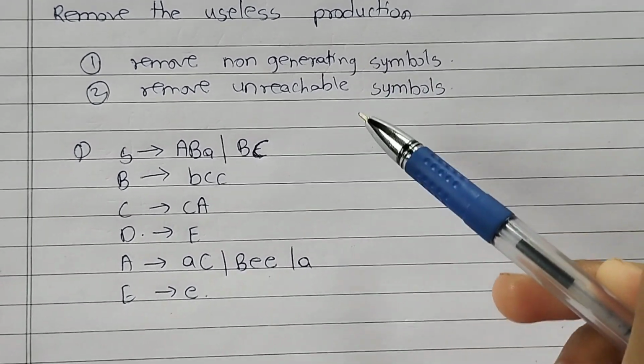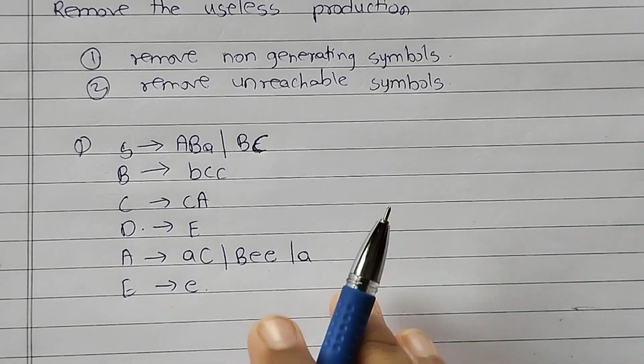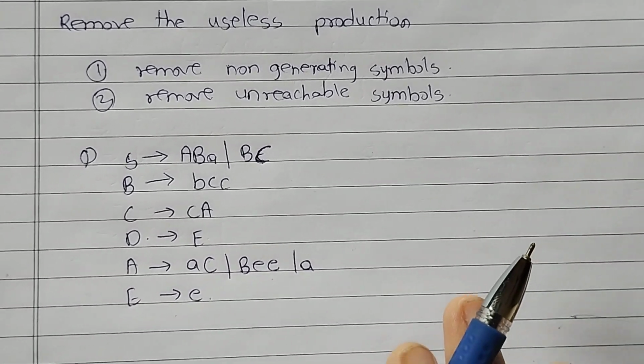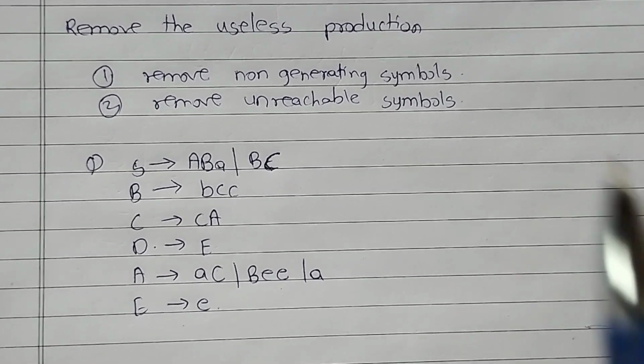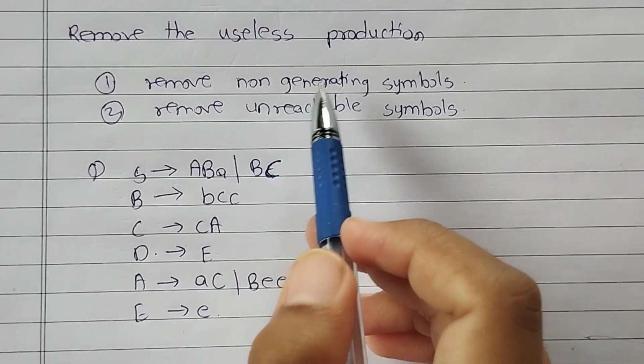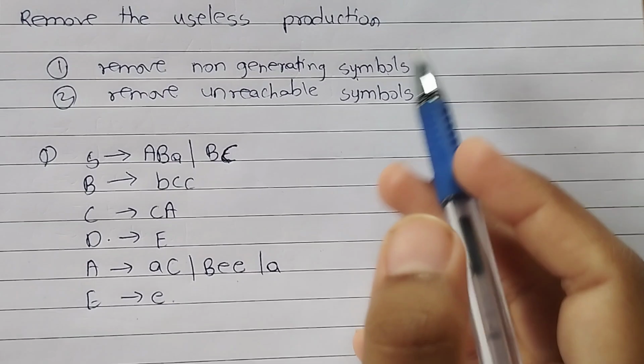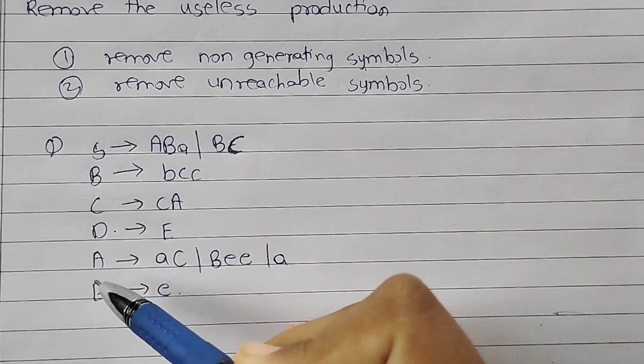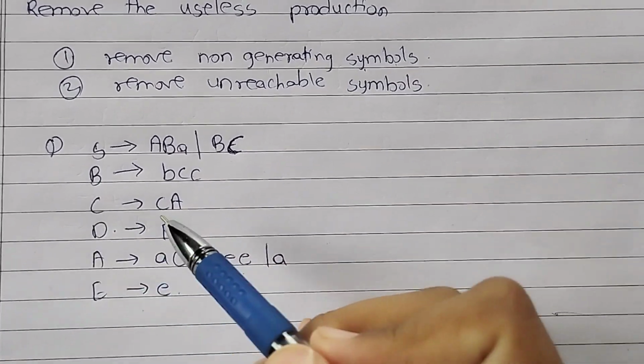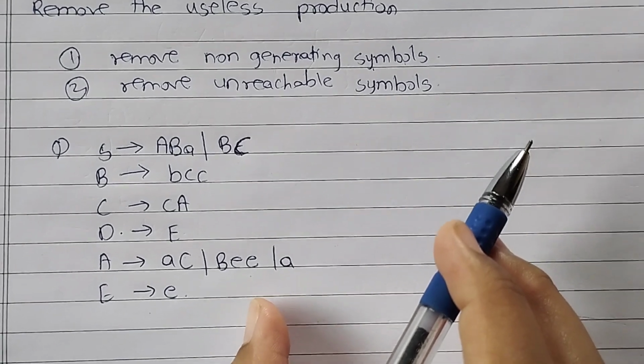Now we apply these two steps on the question and we remove the useless production. First step, remove the non-generating symbols. These are the variables which produce only capital letters.